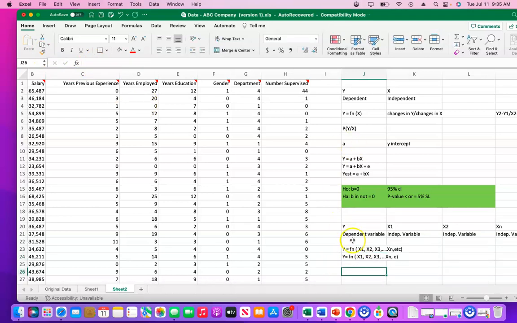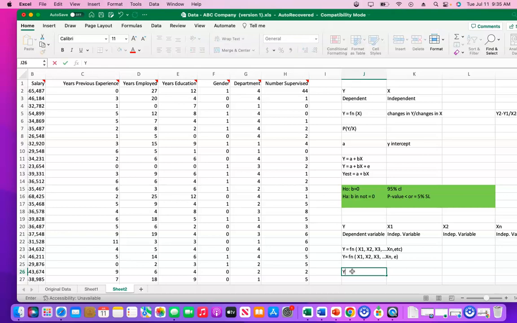So let me do some changes here. So now we can write this model, which we developed for a single linear regression model, but now we can write it for the multiple linear regression model.